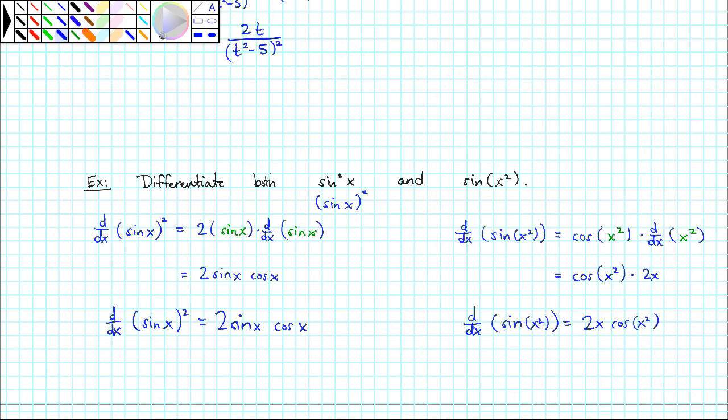It's often a good idea to write these with a monomial out in front of the trig function.